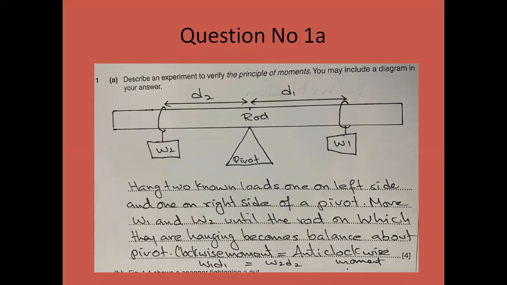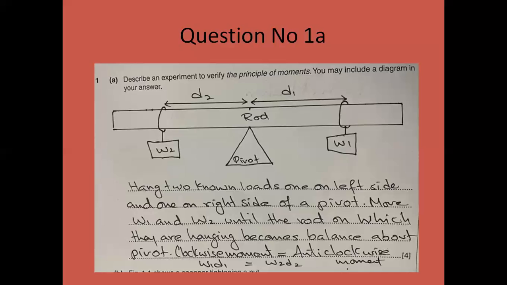And weight 2, which is hung on the left side of the pivot, produces an anti-clockwise moment. So when you calculate the moment produced by W1, the clockwise moment, you will observe that the value is equal to the moment produced by W2, the anti-clockwise moment.